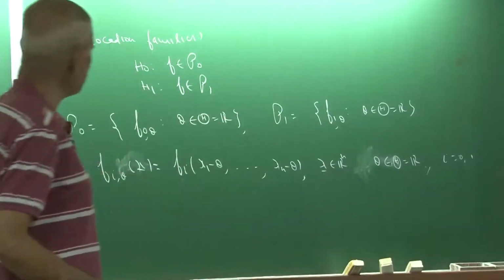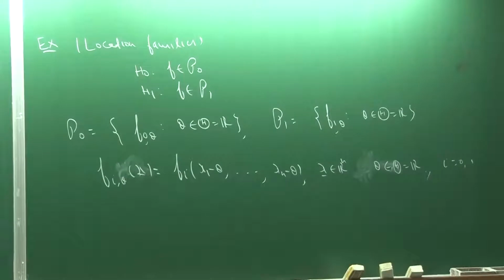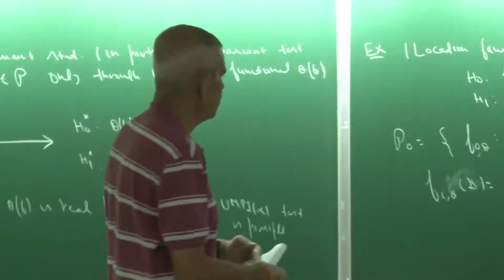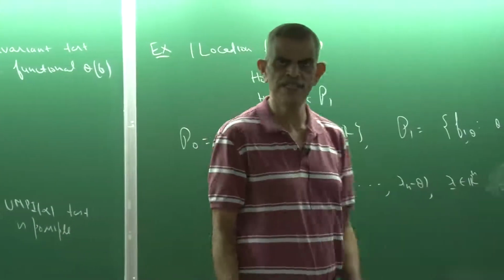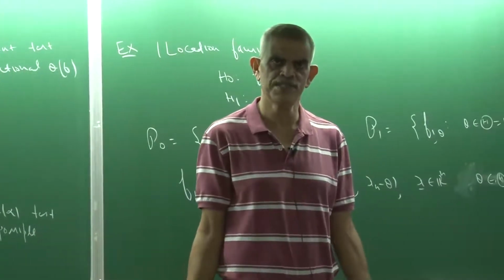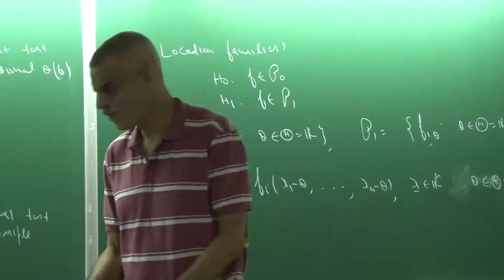Now, in the location case, we know that things are simpler. I know the group of transformations under which P0 as well as P1 would remain invariant. And that group of transformations is nothing but the additive group of transformations.